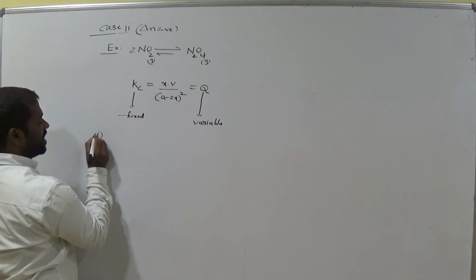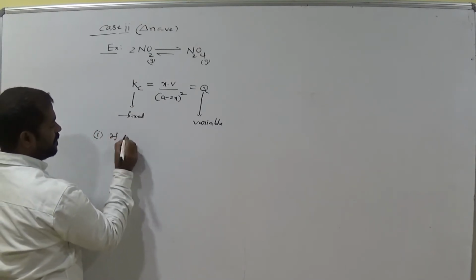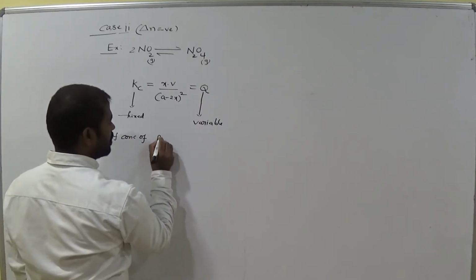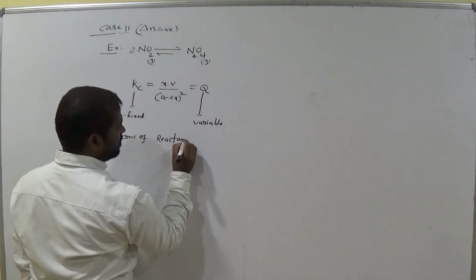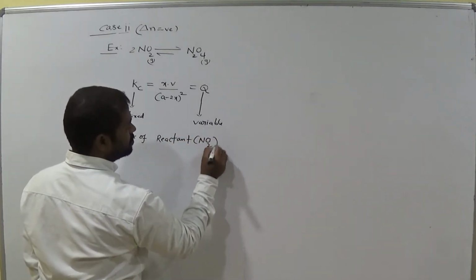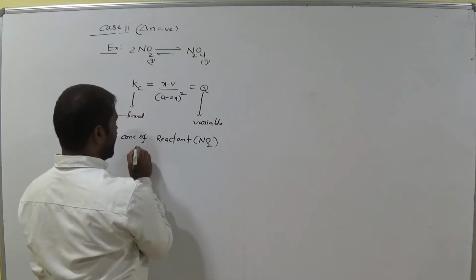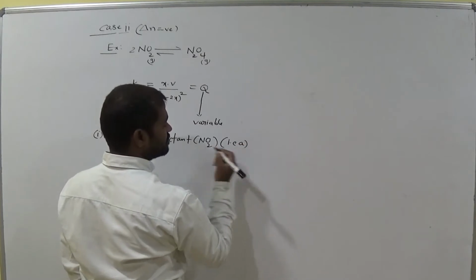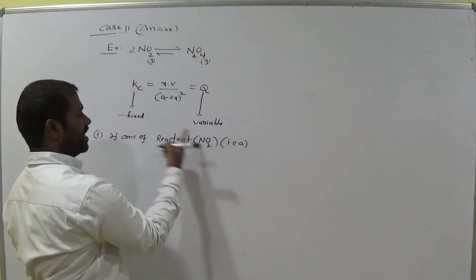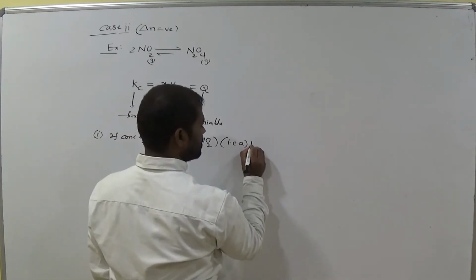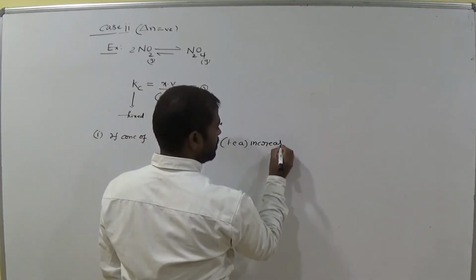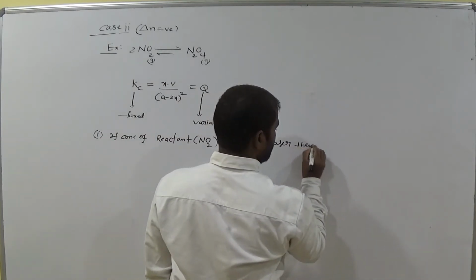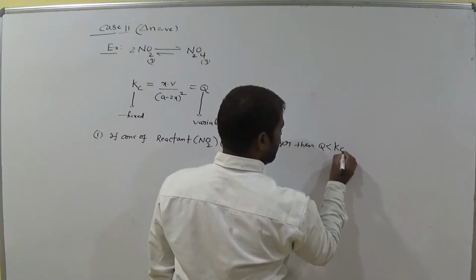In the first case, if the concentration of reactant, that is NO2, concentration of reactant A, increases, then Q is less than Kc.